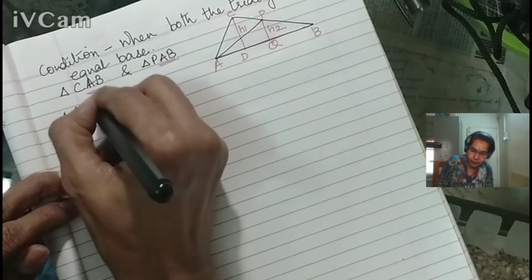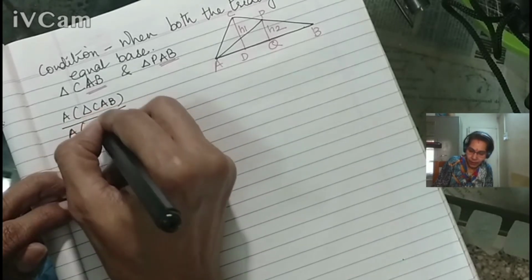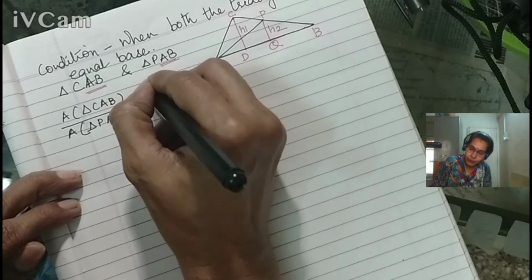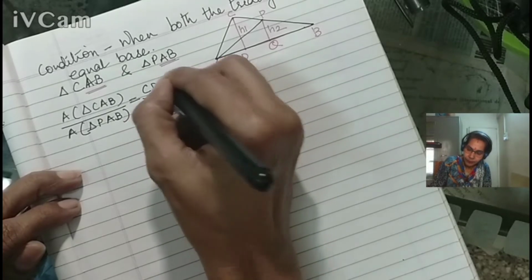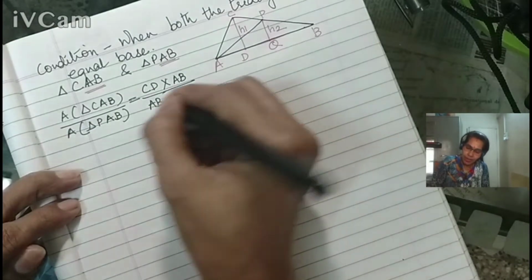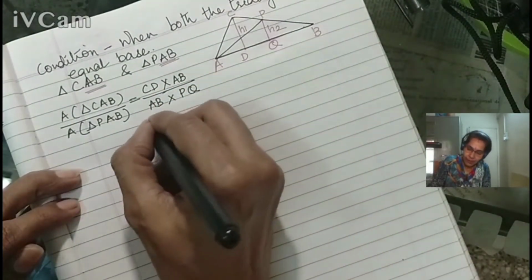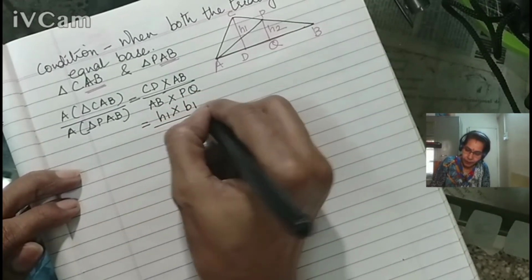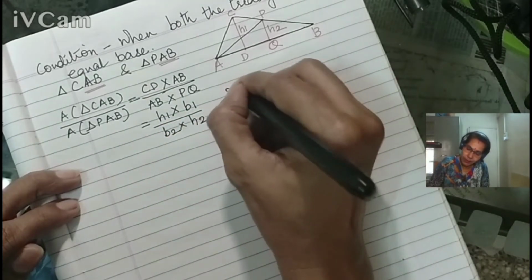Area of triangle CAB upon area of triangle PAB is equal to CD multiplied by AB upon AB multiplied by PQ. This is equal to H1 into B1 upon B2 into H2.